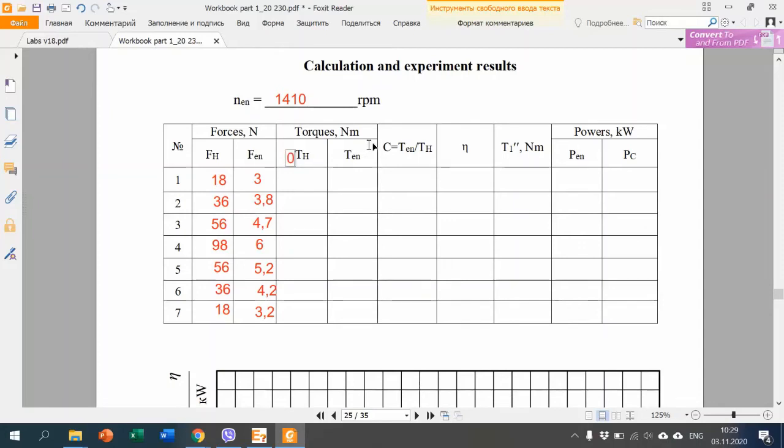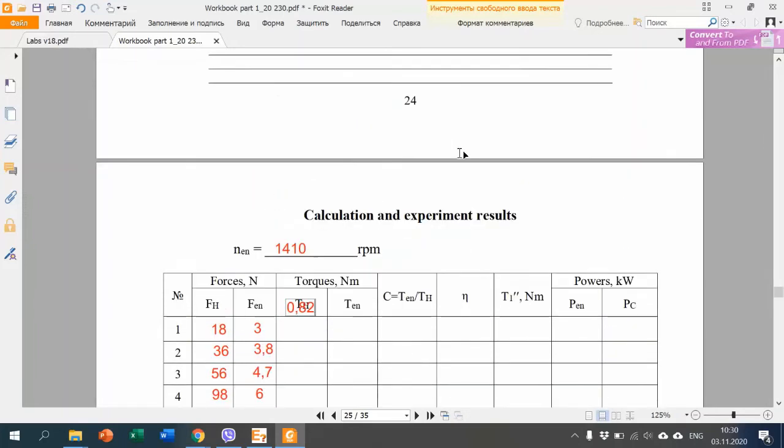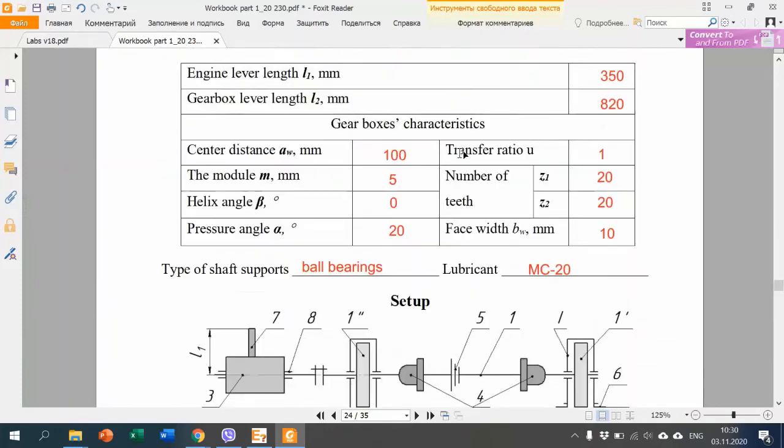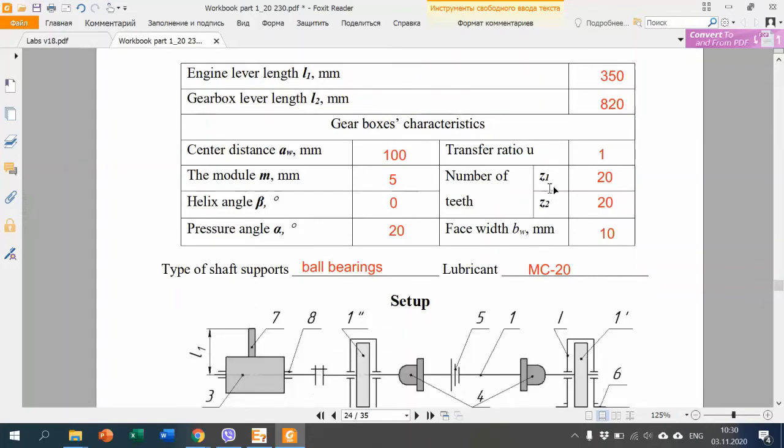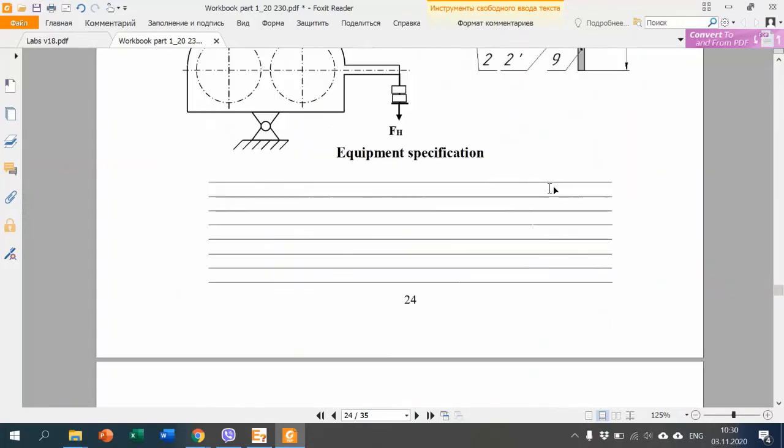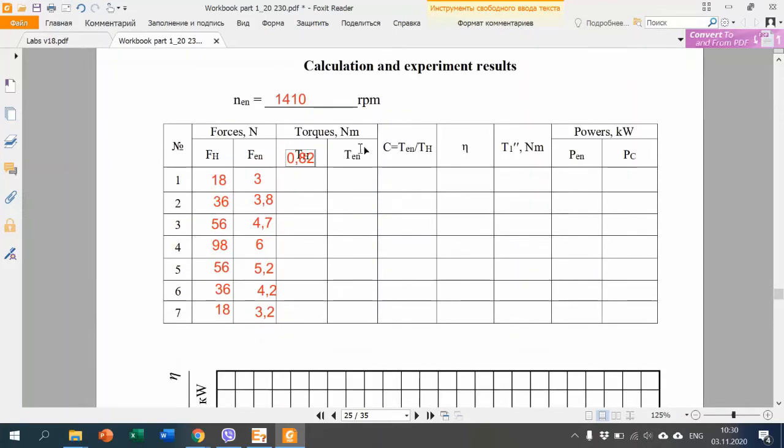So here should be 0.82. And for engine, it's 350, L1. So times 0.35.